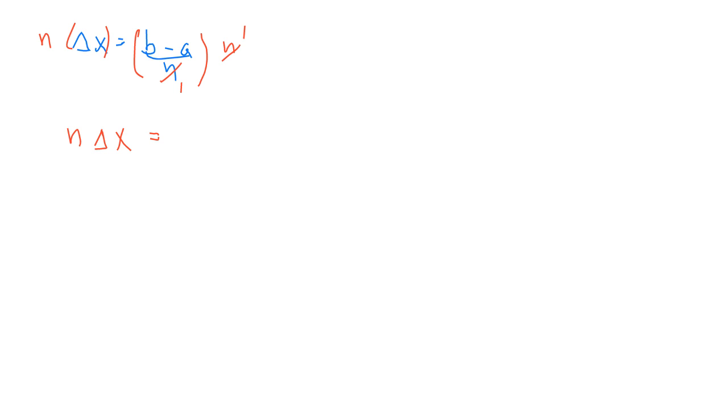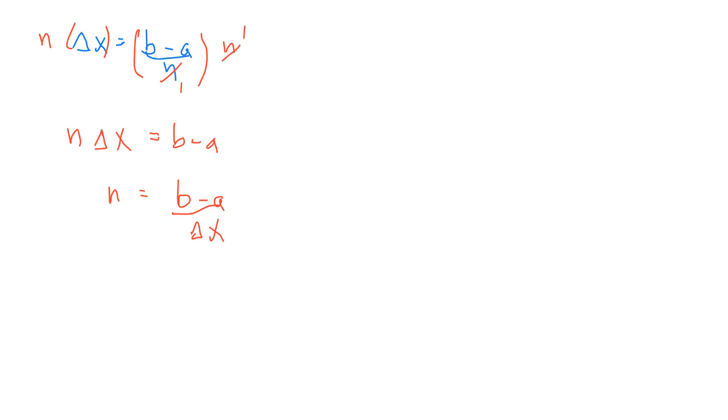Simplify out. N times delta X would equal B minus A. And so N is equal to B minus A over delta X.